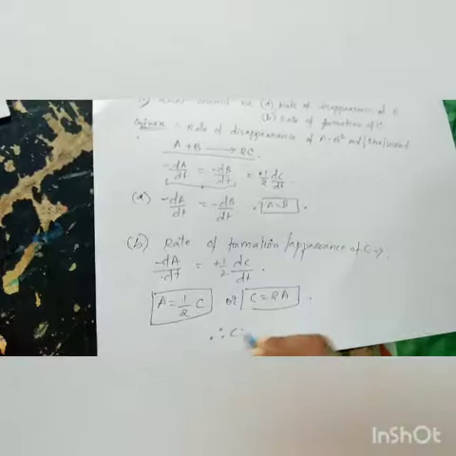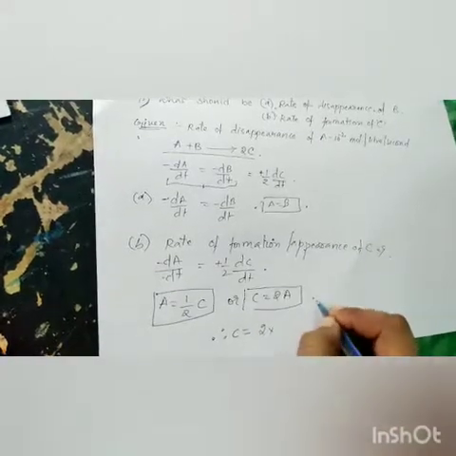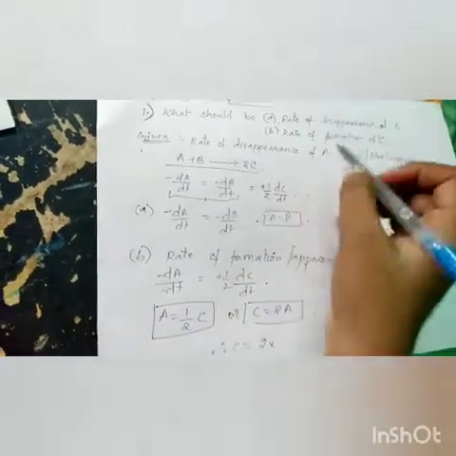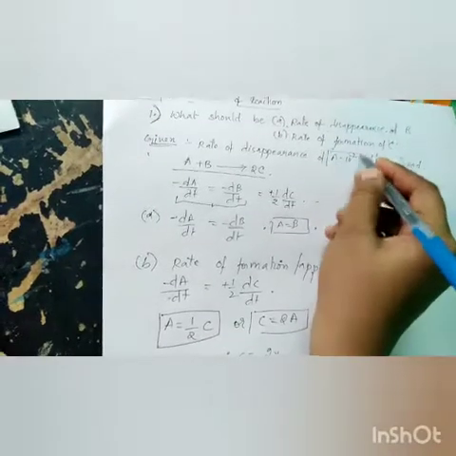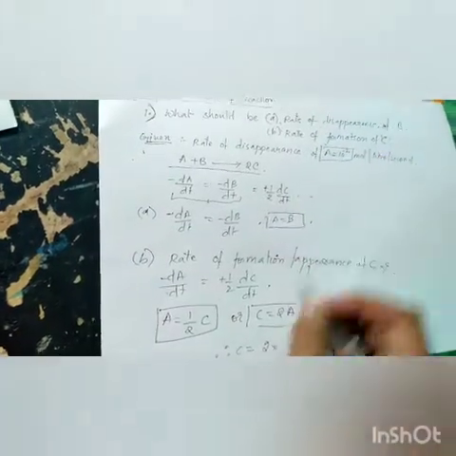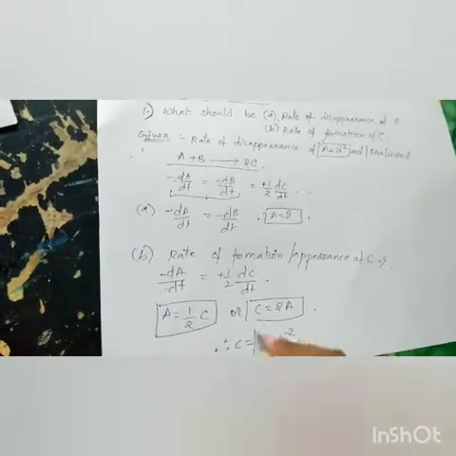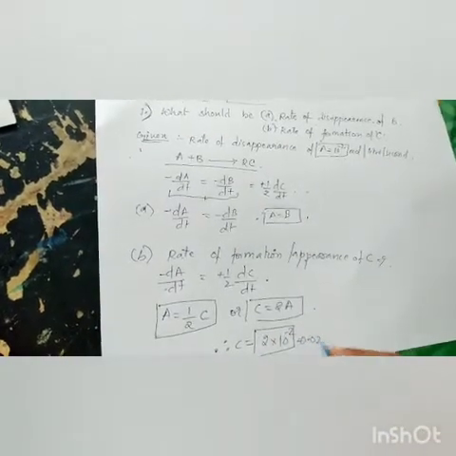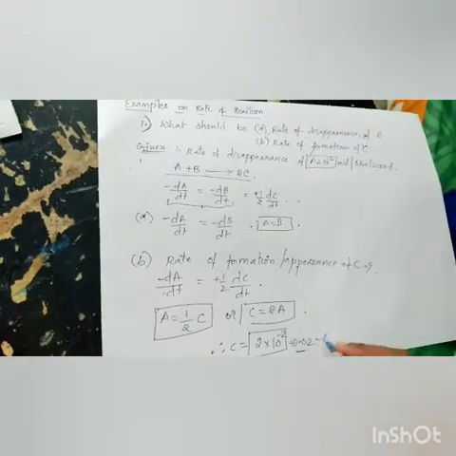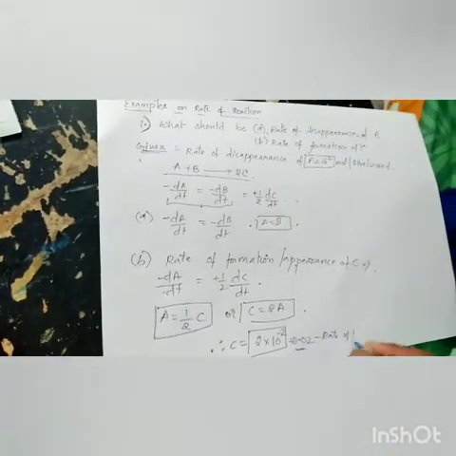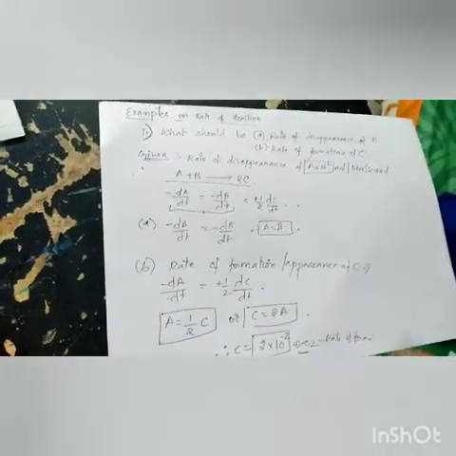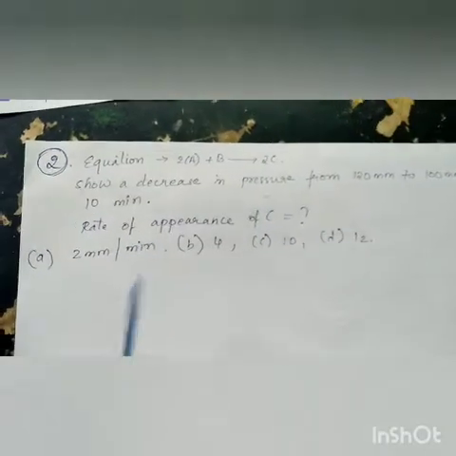Therefore C is equal to 2 times A, and A is given as 10 power minus 2. So this is the answer, 0.02, whatever you get. This is the rate of formation of C.